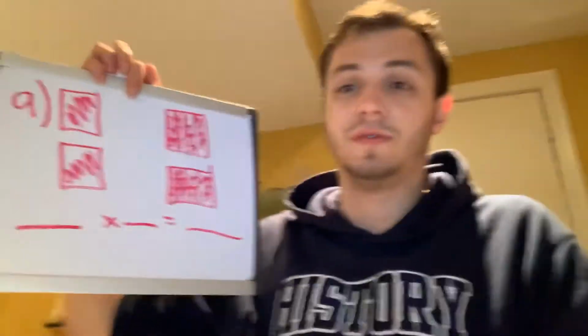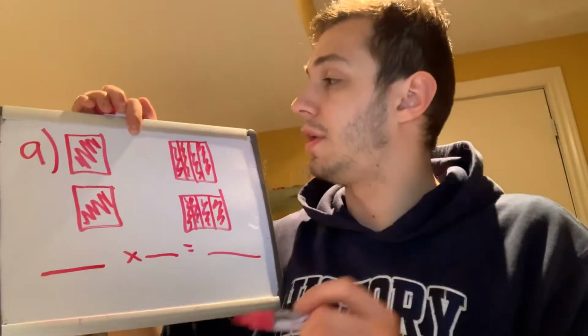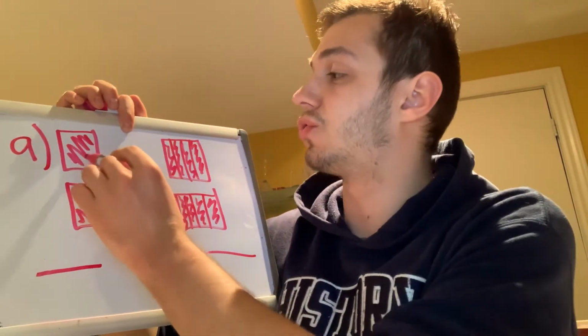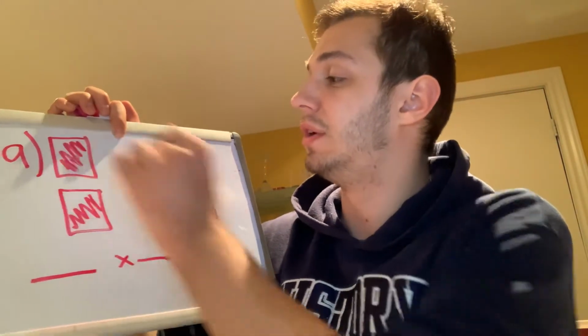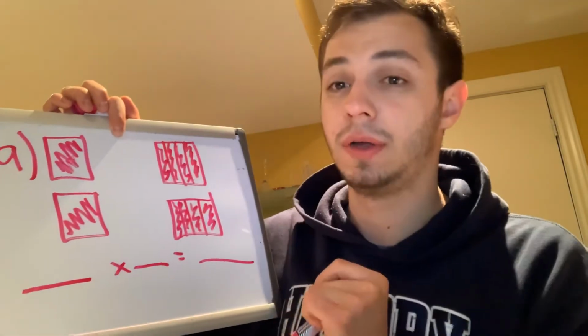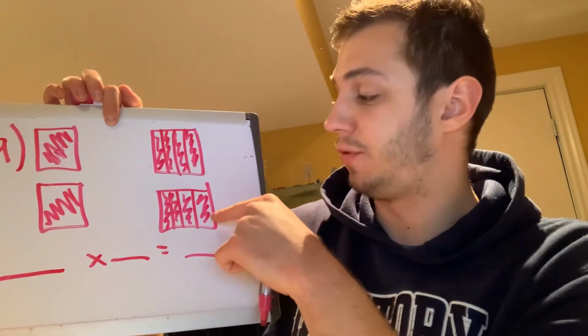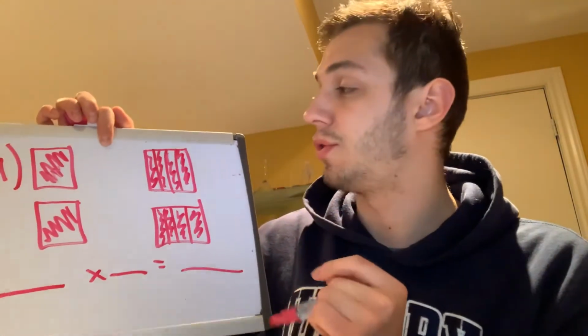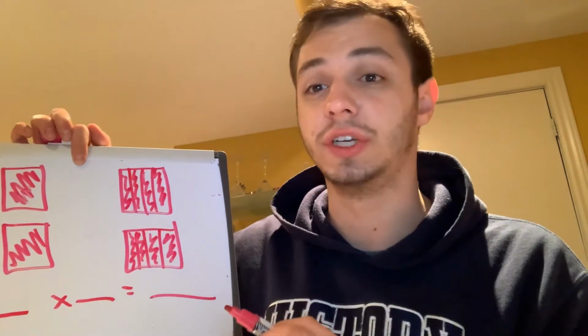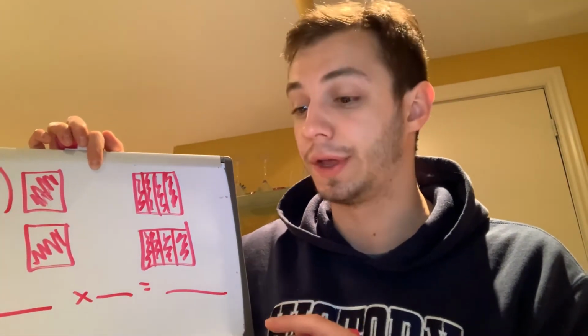Let me just finish this up. So this is what you will have for part A. You have your images for your first item, and then your images for your second item. I know they're a little bit harder to see, but on your sheet, you'll be able to see them more clearly.